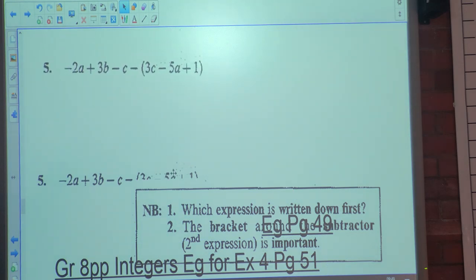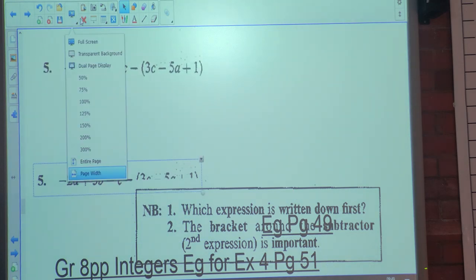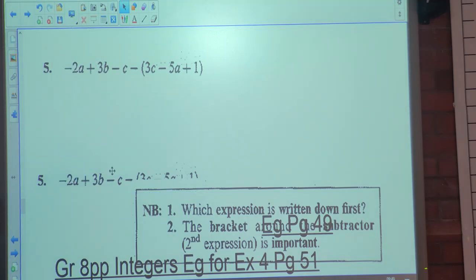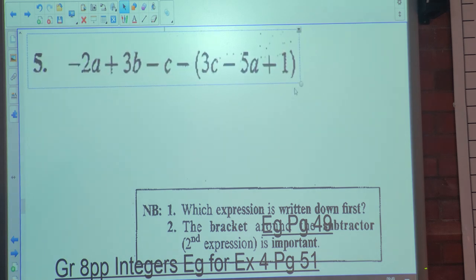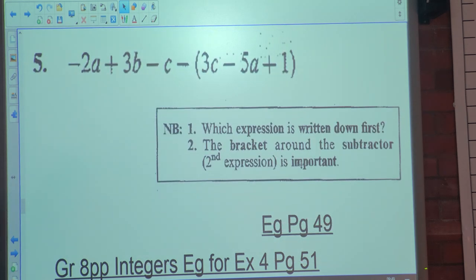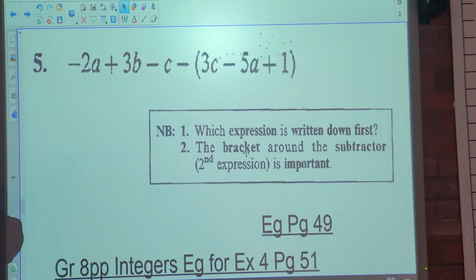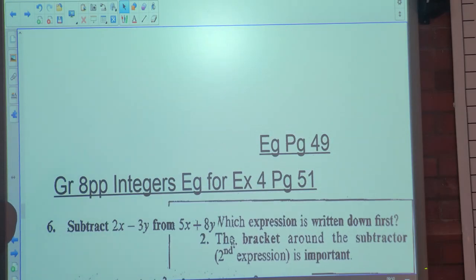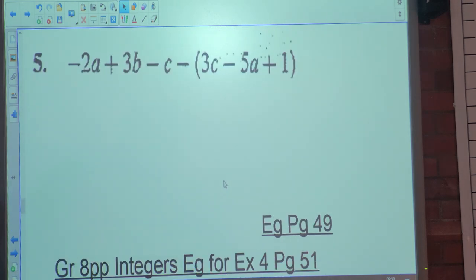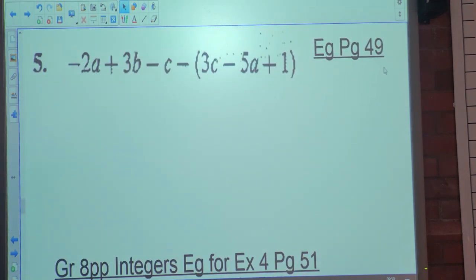Right, number 5. Oh, this is part of the next one. I'm jumping the gun. Right, what do we do here?